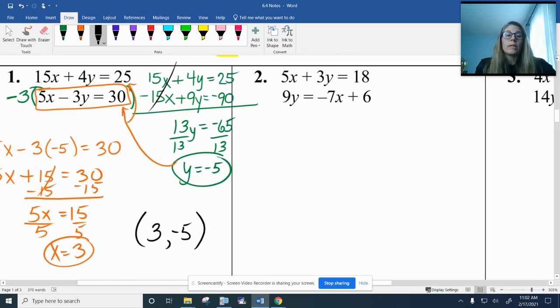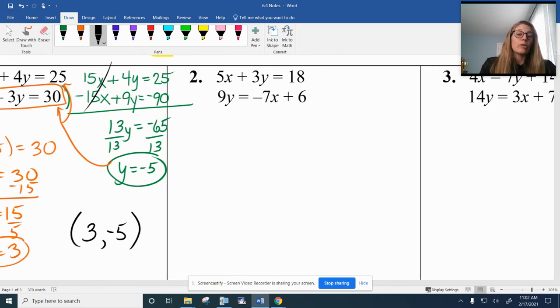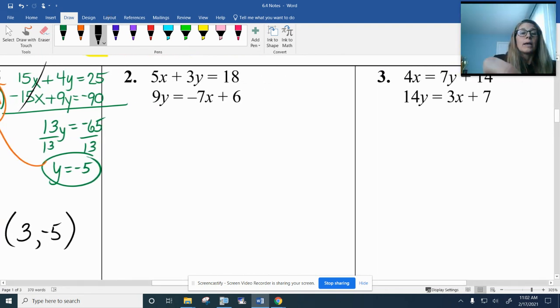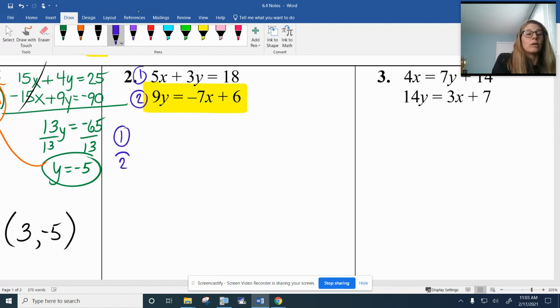All right, so moving on to number 2, before we can really do anything for number 2, I'm noticing that my second equation is not in standard form. So the first thing I want to do is I'm going to rewrite the equations to make sure they're both in standard form. Now, number 1 is already in standard form, so I'm just going to leave it the way it is. 5x plus 3y equals 18.